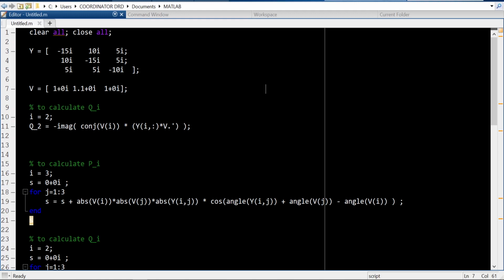Now this is the Q injection calculation. Here I equals 2 means I am explicitly giving this I value, because I want to calculate the Q injection at bus 2.